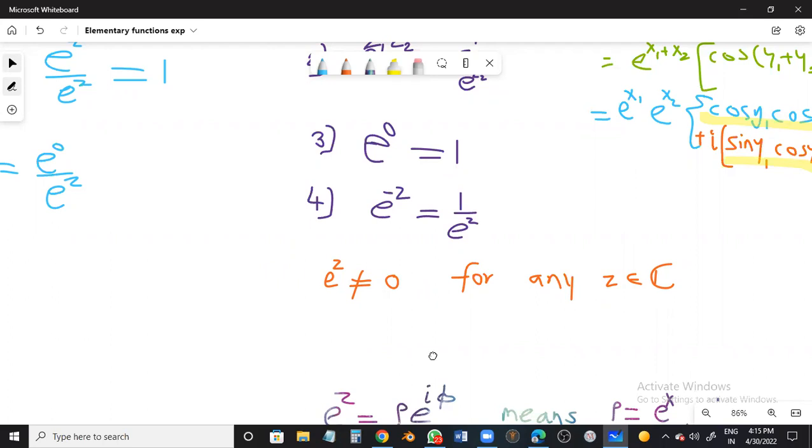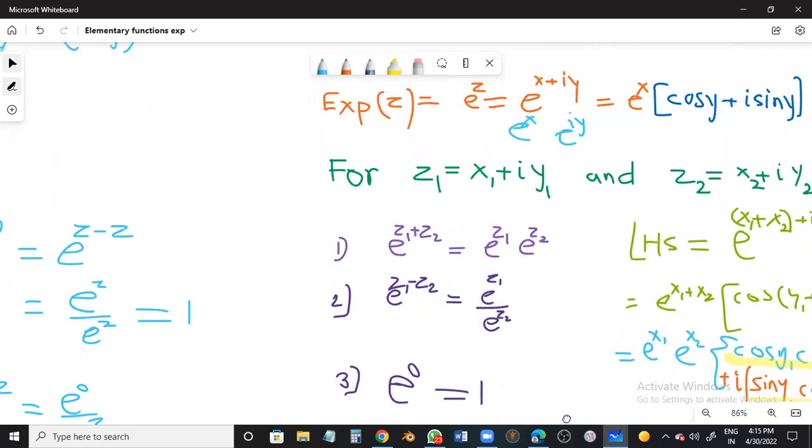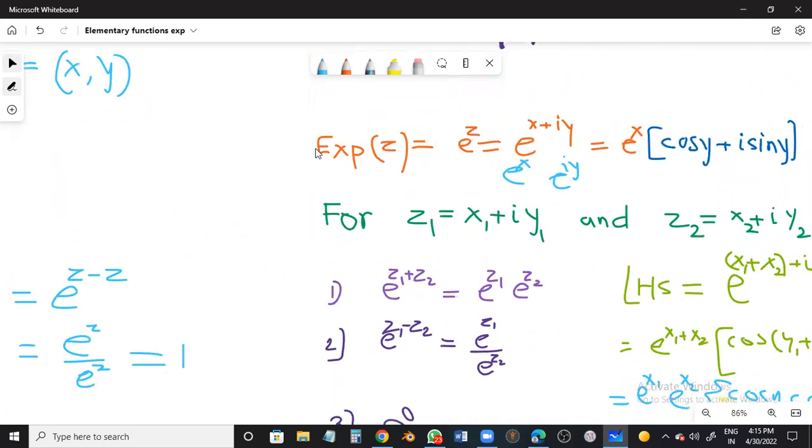Now let us come back to what is our exponential function. So we have seen here exponential of z we can write as e raised to the real part into cos y plus i sin y, which is quite important for us.